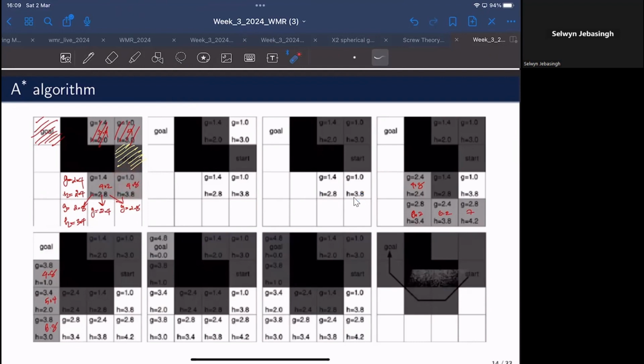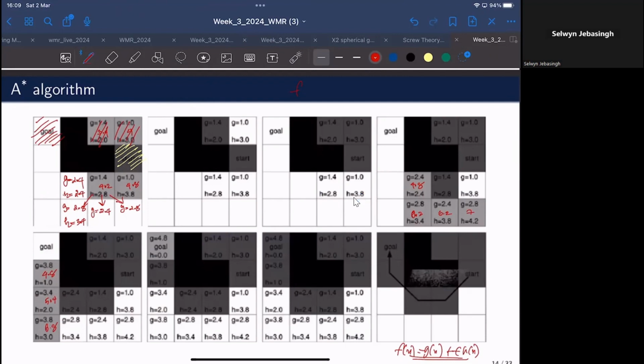So depending on how you tune your heuristic cost, there was a function epsilon. If you can recall, the total expected cost f of n is g of n plus epsilon h of n. So depending on how you tune your heuristic cost, you can actually eliminate the unnecessary paths from the path planning algorithm.